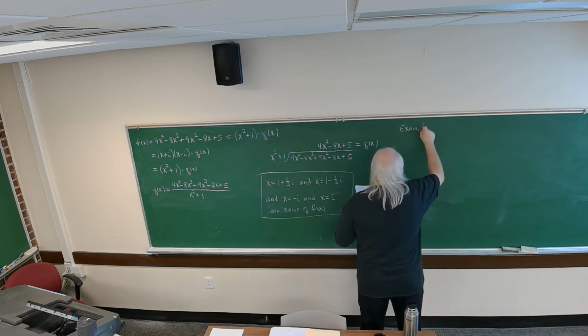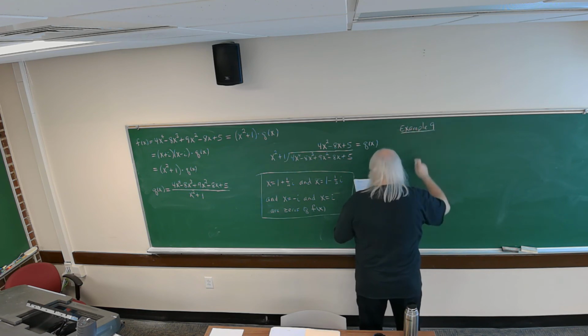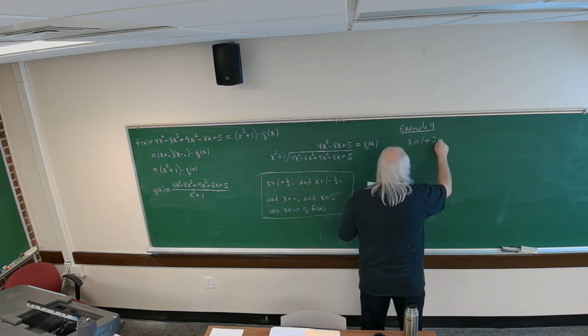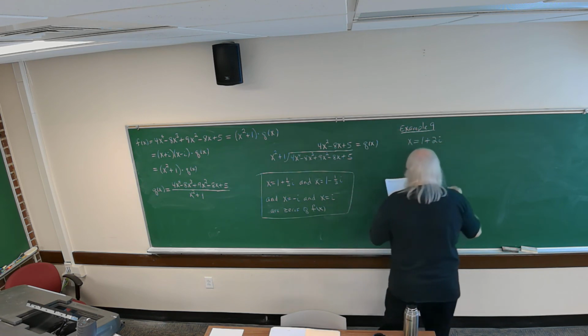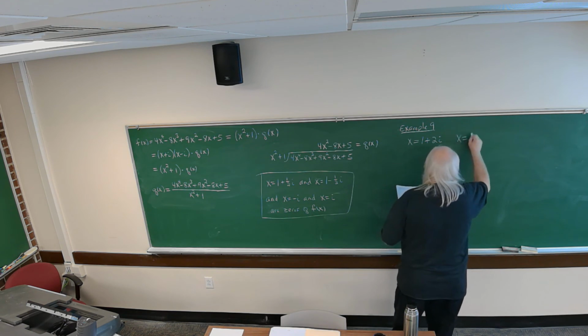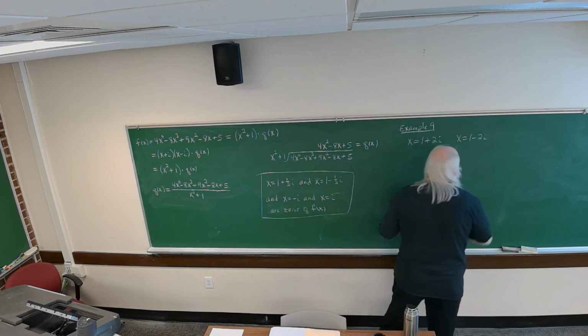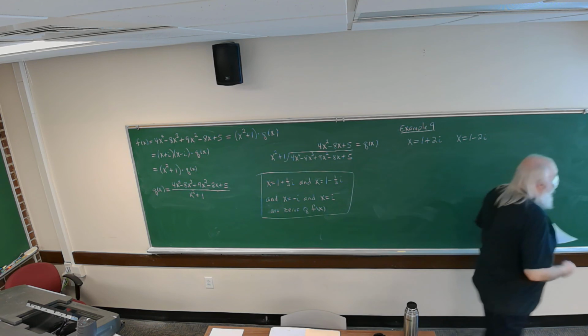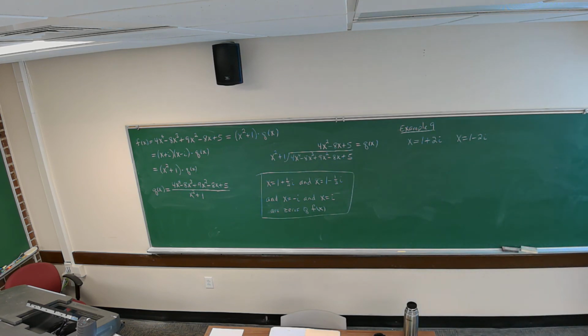Okay, so example 9, we know x equals 1 plus 2i is a solution. Right, which means 1 plus 2i is a 0 on the left-hand side, right? Put in 1 plus 2i for x on the left-hand side and simplify, and the left-hand side will equal 0.